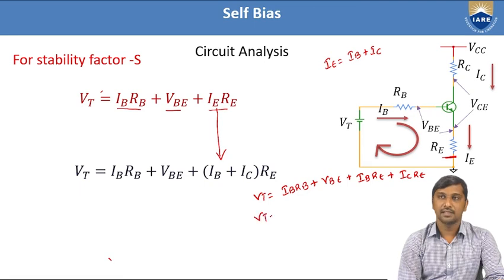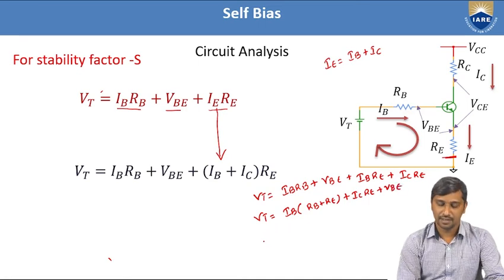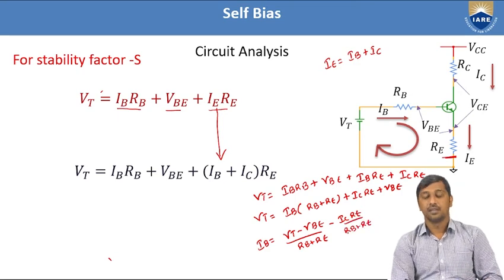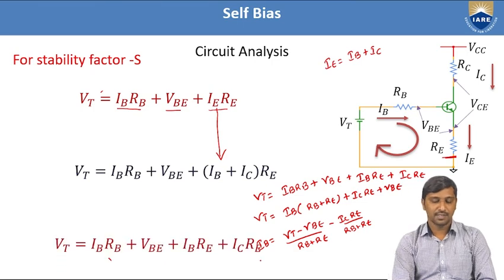From this, if IB is common, VT equals IB times RB plus RE, plus IC times RE, plus VBE. So from this, we need to calculate the IB value. IB is equal to VT minus VBE by RB plus RE, minus IC times RE by RB plus RE.